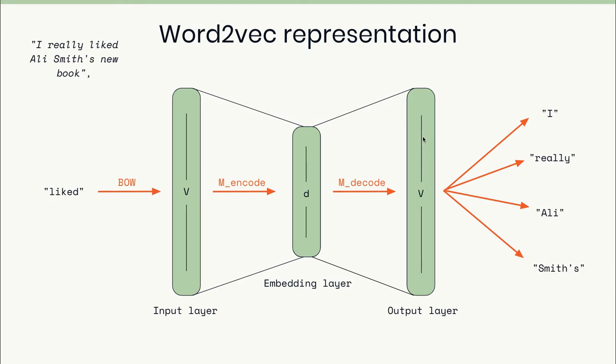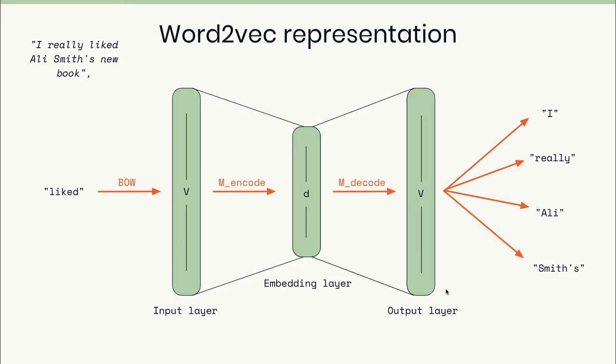The resulting vector here will be a vector full of probabilities, and what we want is that the neighboring words, so in this case that would be I, really, Ali, and Smith's, if we look at the example up here in the top left, we want those to have a high probability in this output layer.